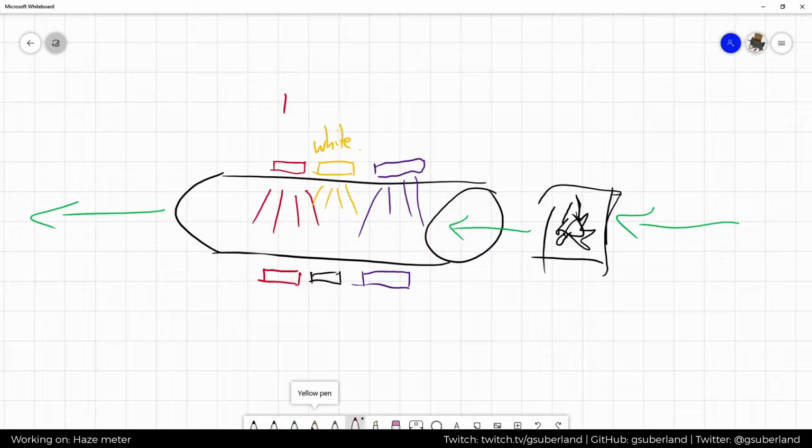So this is IR, and this is UV. They'll turn on in sequence, and then a measurement will be taken from the other side. And effectively, what it'll do is measure the IR transmittance, the white transmittance, and the UV transmittance. Effectively, it's just light levels. Or at least that's the goal. So that's the idea.